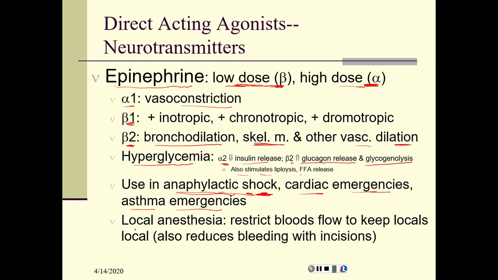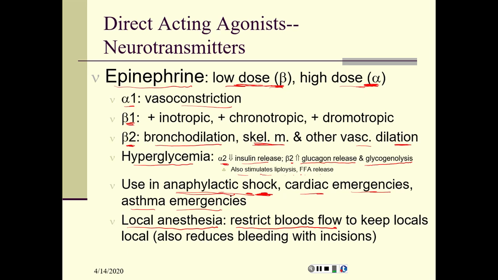It's also included along with local anesthetics because, when it's injected directly into tissues, it causes a vasoconstriction effect, which reduces blood flow. The local anesthetic is given by a needle, as you may have had when you've been sewn up, had a finger or hand or foot sewn up from a cut, or at the dentist's office.